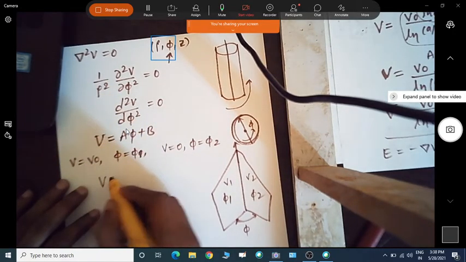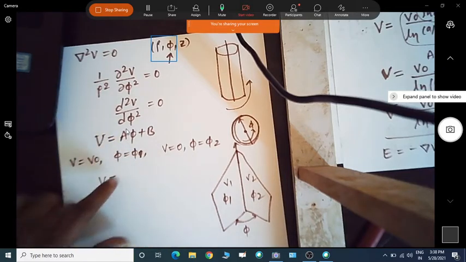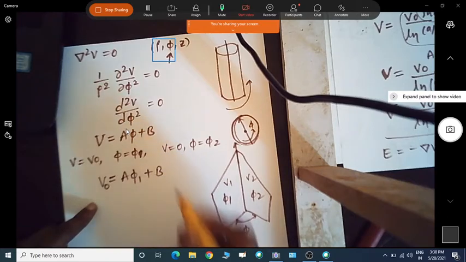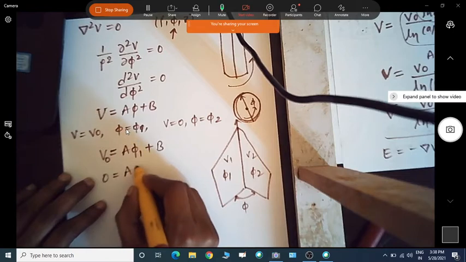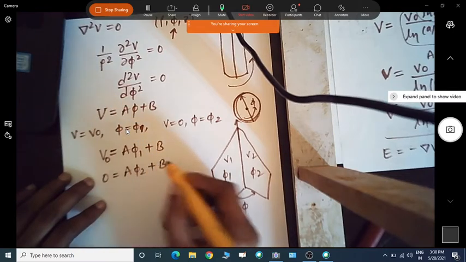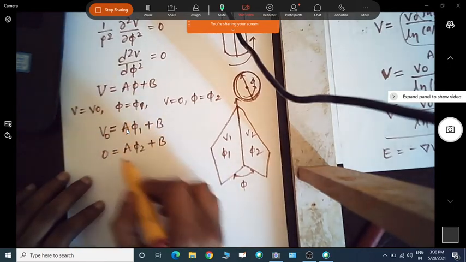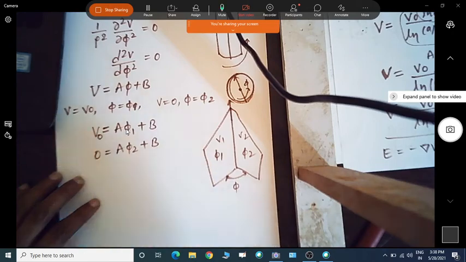So v equal to, if I apply v naught at phi equal to phi 1, you are going to get a phi 1 plus b. Similarly 0 equals a phi 2 plus b. Now if you take the difference, phi 1 minus phi 2, we can take it as phi.